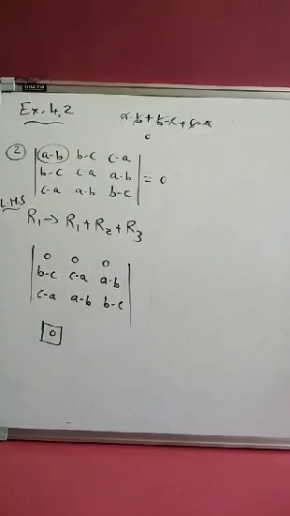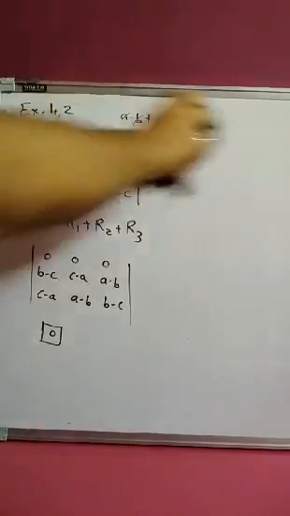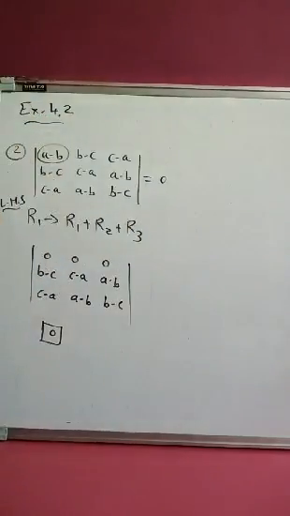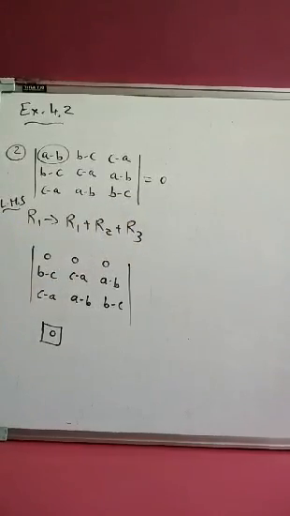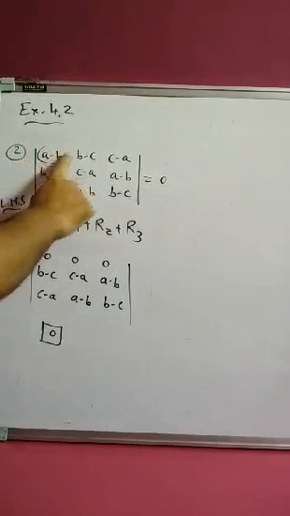In this question it actually looks very difficult, but when we solve it, it is very easy. We are not supposed to memorize that we have to do row 1 plus row 2 plus row 3; we have to think about which property to apply.